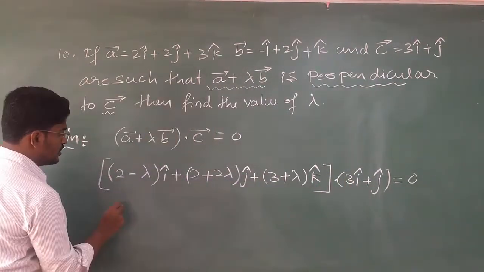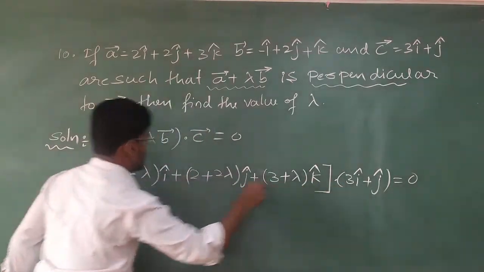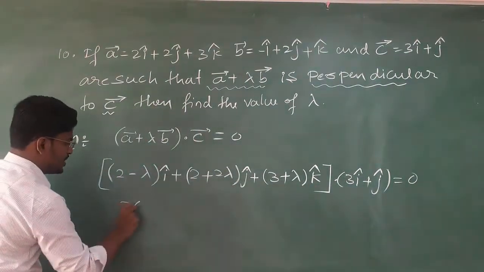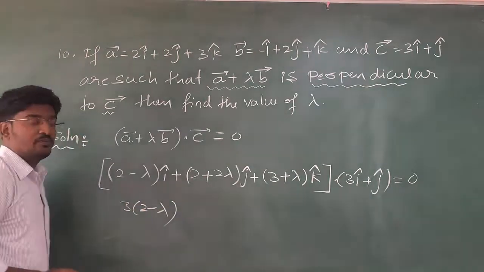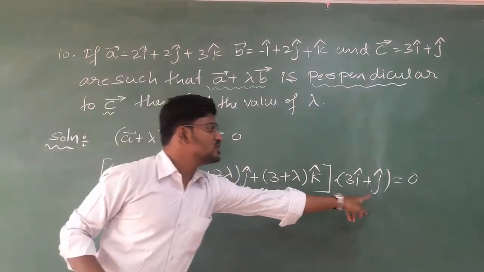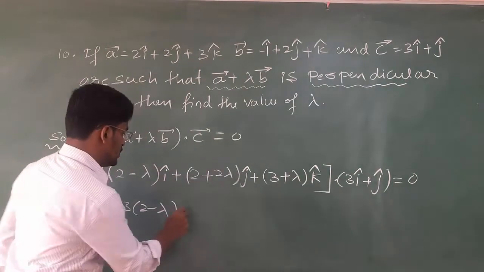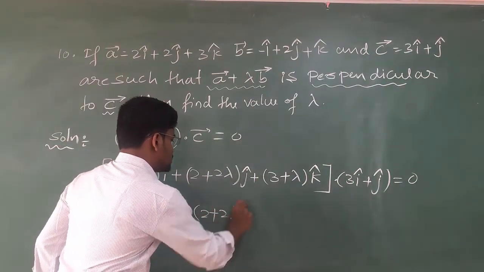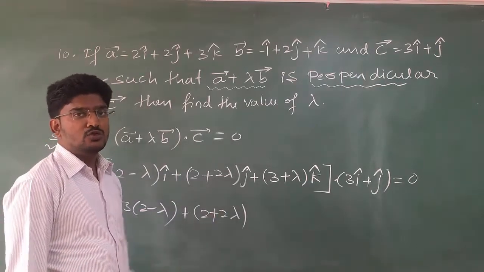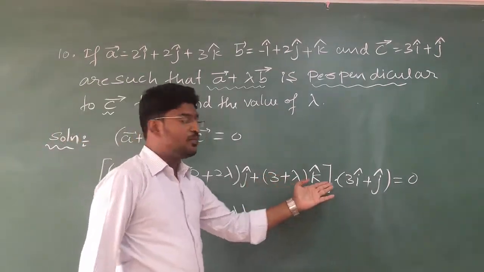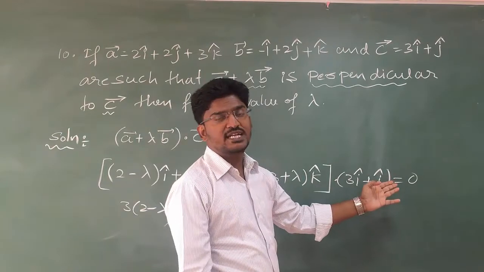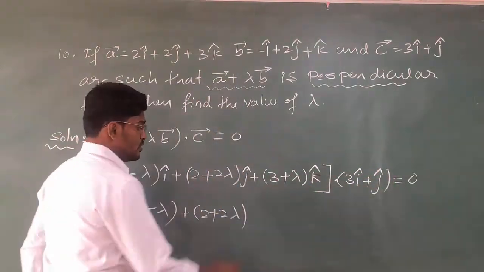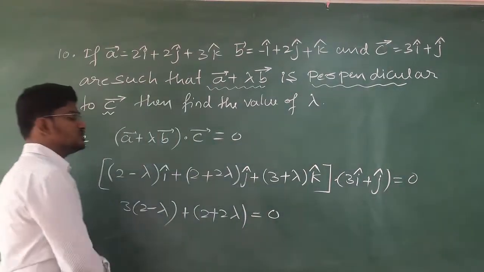It will be i cap dot i cap is 1, 3 multiplied with 2 minus lambda. j cap dot j cap is 1, plus 1 multiplied with 2 plus 2 lambda. This term is k cap. Here k cap is not present. That means 0. 0 into this term is 0. So this will be equal to 0.